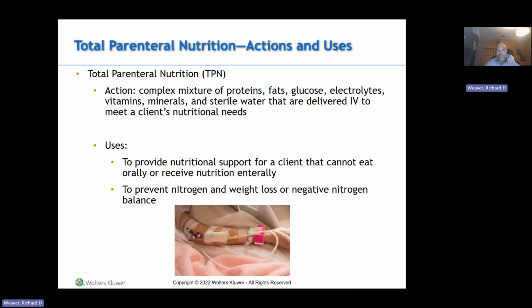They could be on opioid medications that impact the peristalsis. These patients may have to be fed the IV route or the parenteral route. It helps prevent nitrogen and weight loss, or negative nitrogen balance, which happens during severe weight loss, and so because you're feeding them.